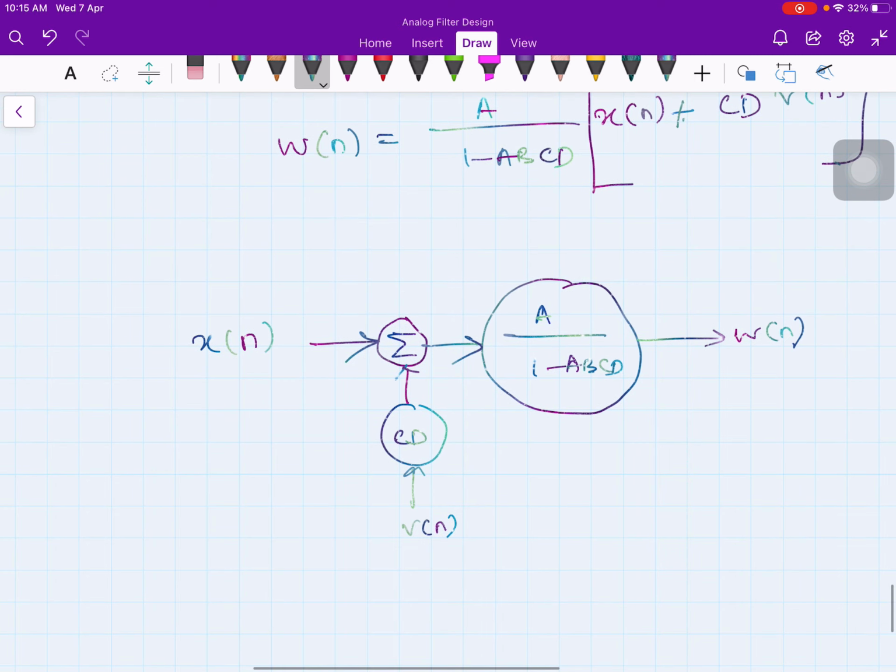Similarly you can find out y of n. So you have to find out w of n, then take b times this and add to v of n, and then multiply by c to get y of n. Okay, so you multiply by b, and then you put an adder, and then you put a multiplier c here, you get y of n.